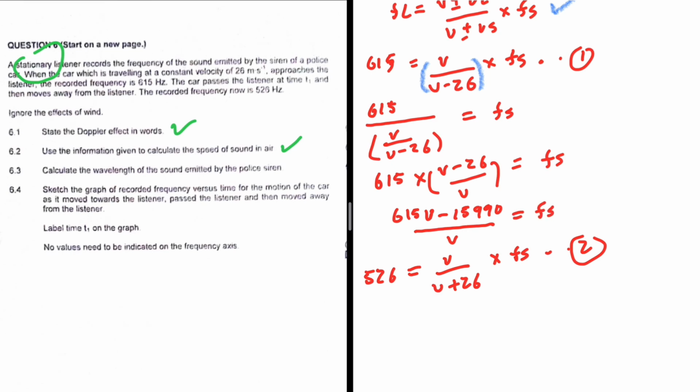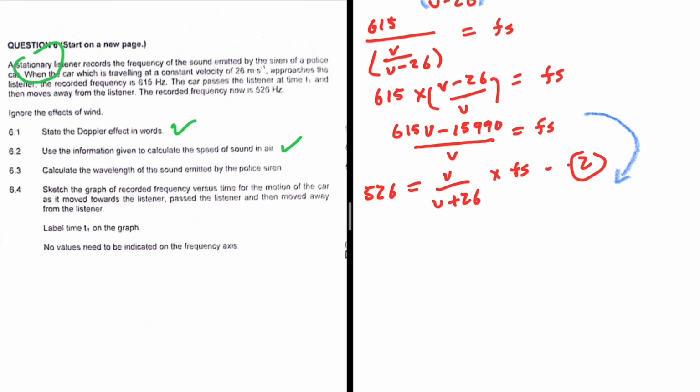So let's substitute this Fs into our equation 2. Can we take this to the left hand side first? Okay, let's take that to the left hand side first. If we do that, we're going to have 526 multiplied by V plus 26 divided by V.